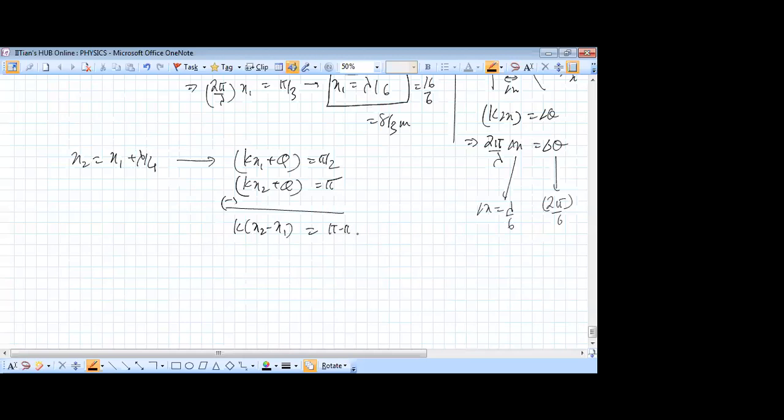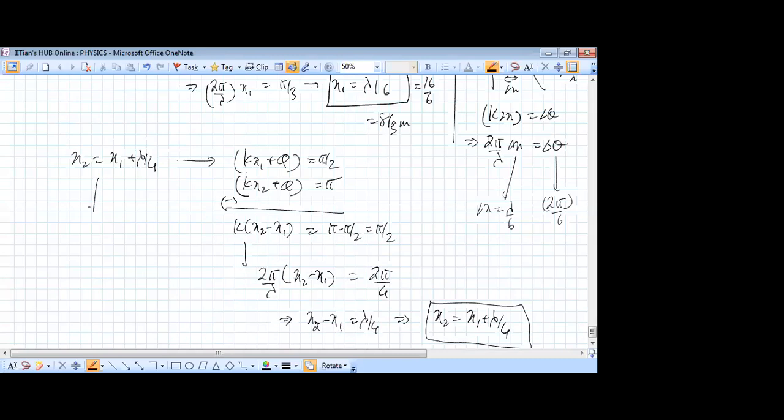Pi minus pi by 2, or that's pi by 2. So this is 2 pi by lambda into x2 minus x1. How much is this? It is 2 pi by 4. Pi by 2 is the same thing as this. Okay, so that means x2 minus x1 is 1/4 of a wavelength. So x2 should be equal to x1 plus lambda by 4.